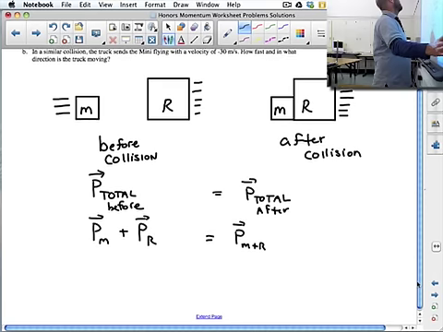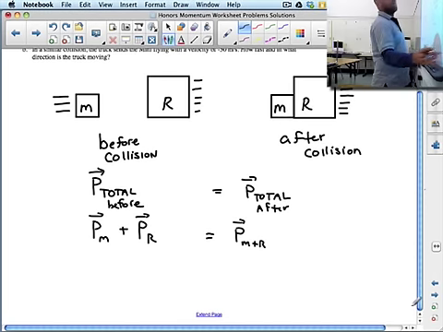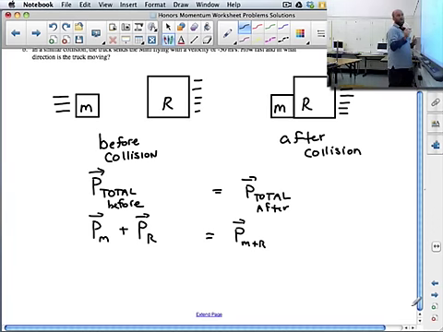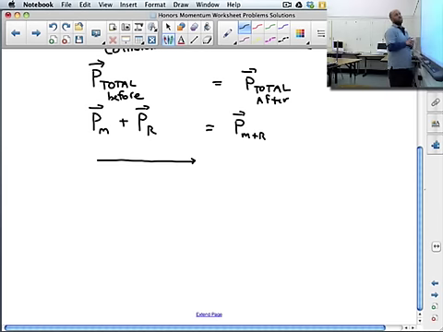Okay. So from our diagram, we've got momentum to the right. This is the Mini. And we've got momentum of the Ram. Now, this vector has to go longer.